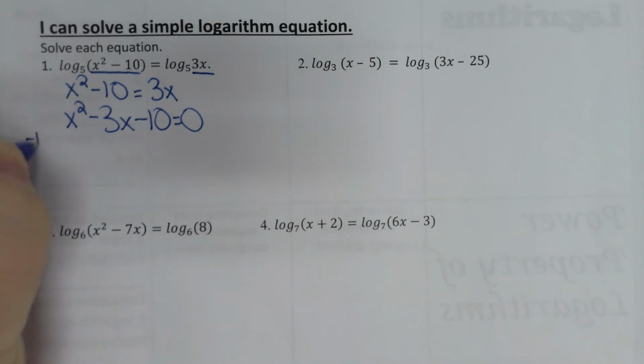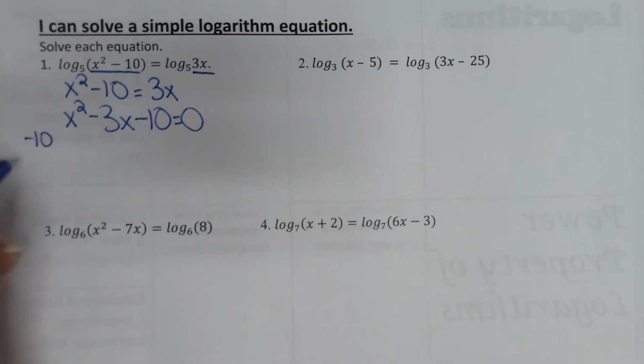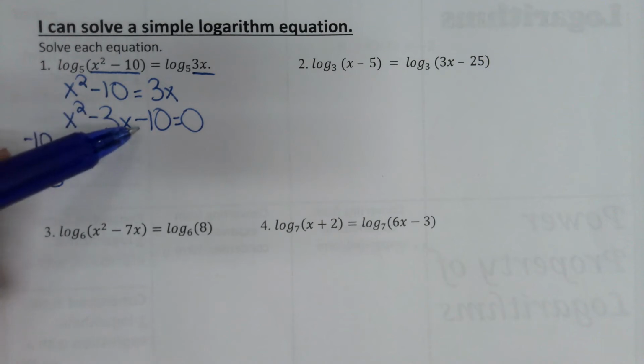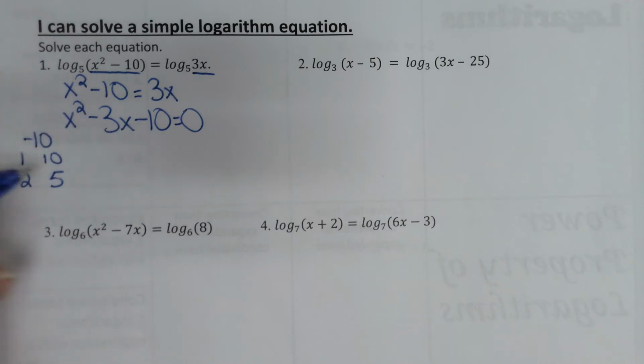A times c, factors of a times c: 1 and 10, 2 and 5. Follow your signs. The sign of the last number is negative, so I can have one positive and one negative. The sign of my middle number is negative, so I want the larger factor to be negative. This means that I'm going to be using 2 and negative 5.